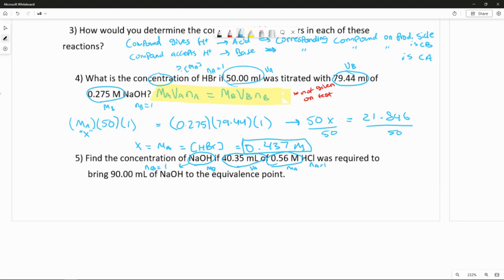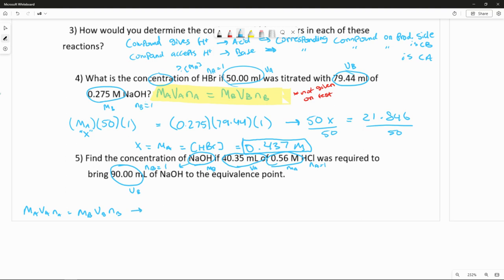We have all our variables now. I was required to bring 90 milliliters, so that we are given the volume of the base. And now we have all the variables to solve our equation. So Ma Va Na equals Mb Vb Nb.